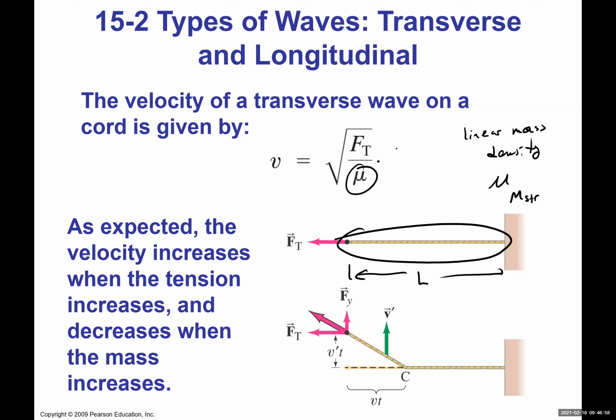So mu is equal to the mass of the string divided by the length of the string. It's a quantity that represents how the mass of the string is distributed over its length, because how fast the wave will move also depends on those quantities.